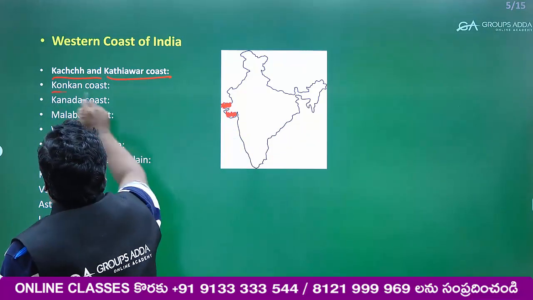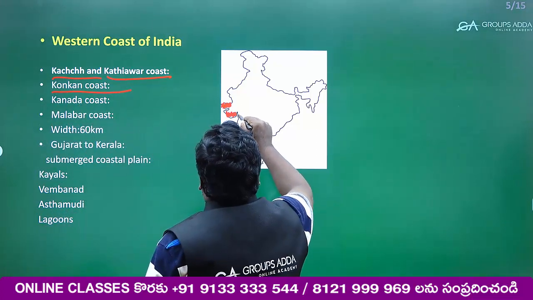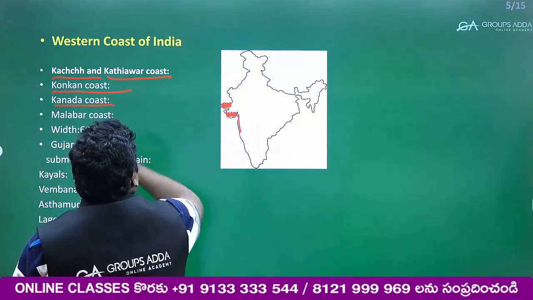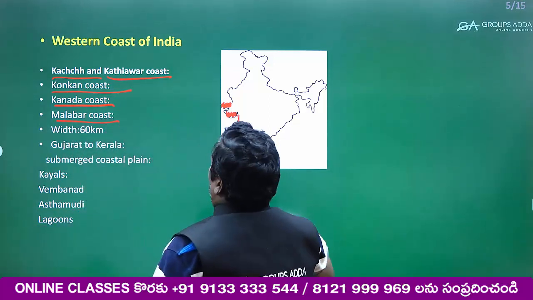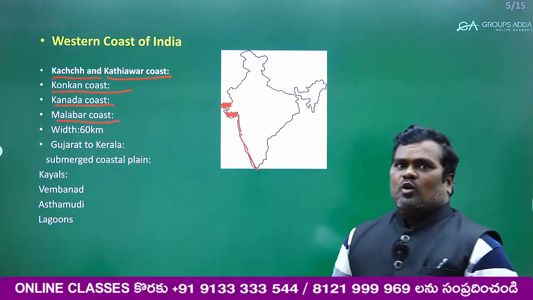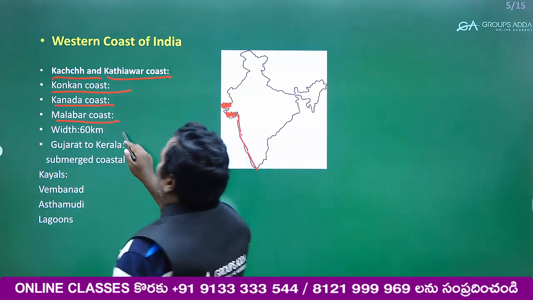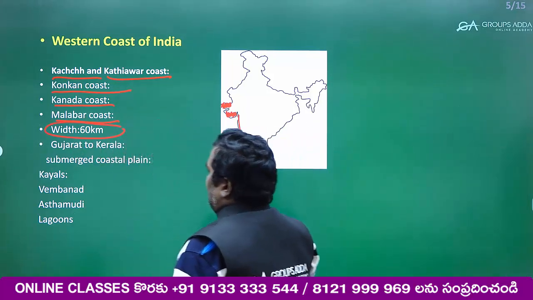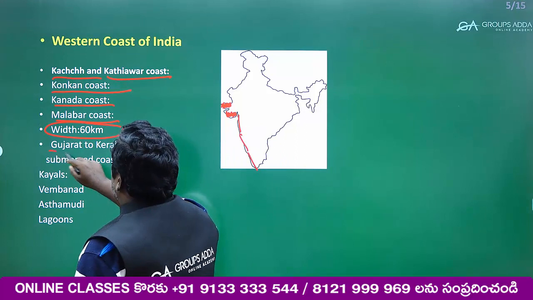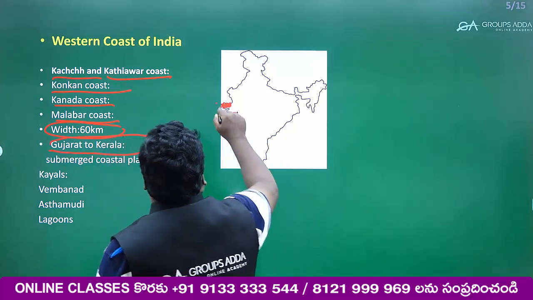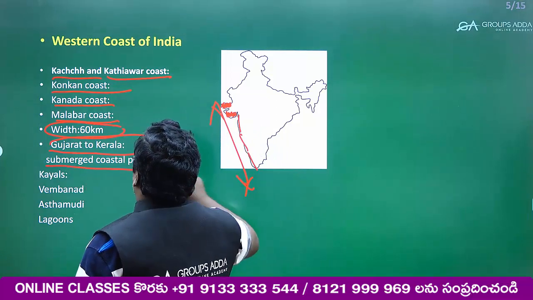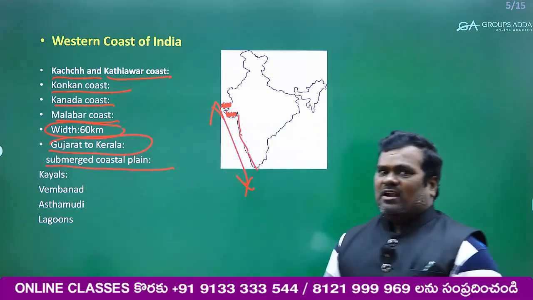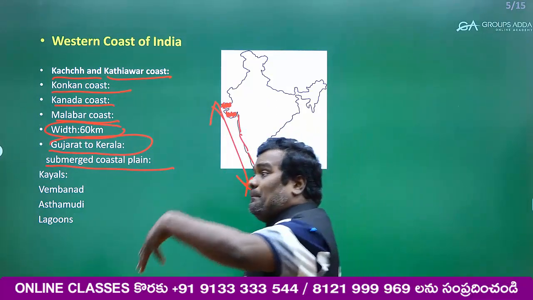Then Konkan, Kannada, Malabar. What will be the width? Around 60 kilometers. It extends from Gujarat to Kerala. Here submerged coastal plains got developed. What does it mean? Submerging.